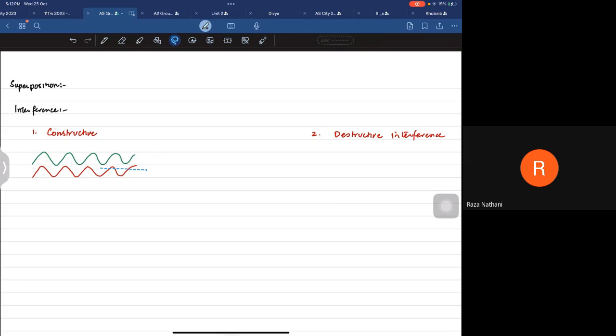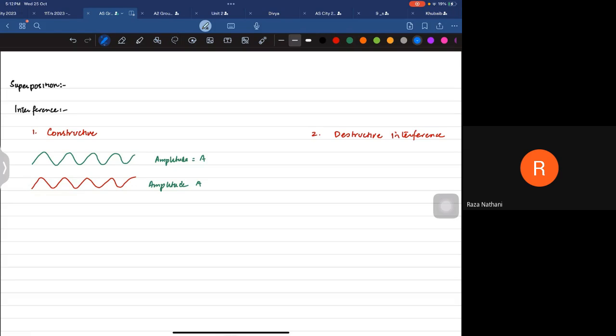Let me just move it a bit down, some more space. Okay. So this wave has an amplitude A, and this wave also has an amplitude A.